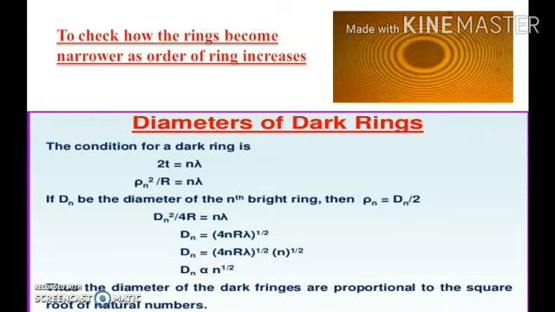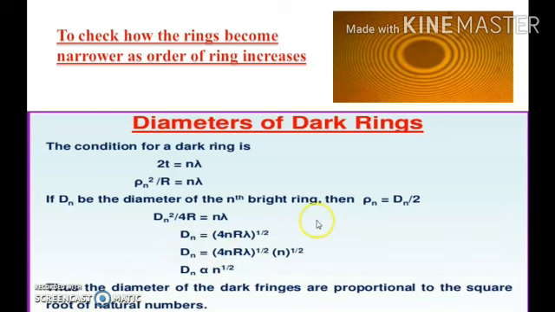So like this we will get D1 equals square root of 1, D2 equals square root of 2, D3 equals square root of 3, and so on. So, by knowing the values of D1, D2, D3, D4, etc., if we subtract D1 from D2, and like this D3 minus D2, we will get some values, and from that pattern we came to know that the diameter of the rings becomes narrower as the order of the ring increases.